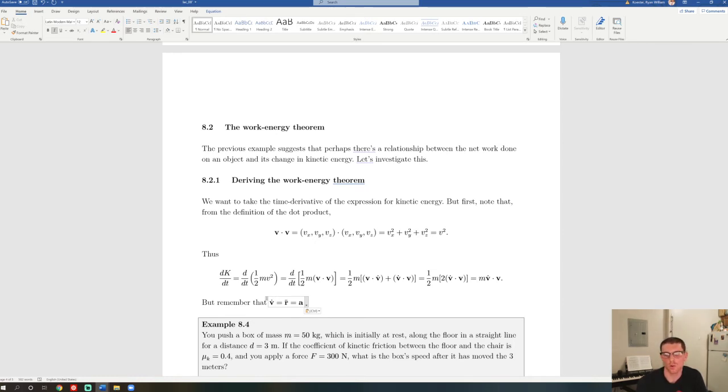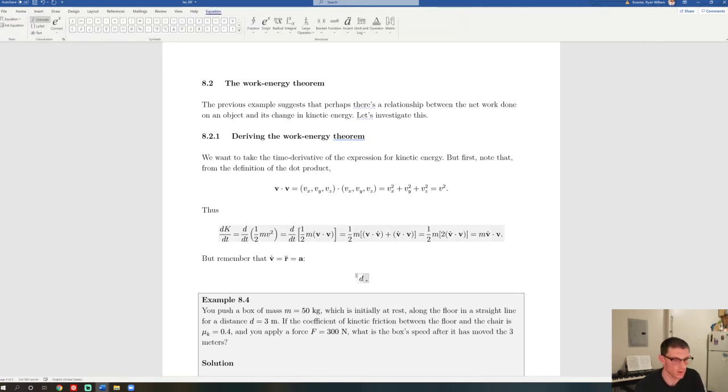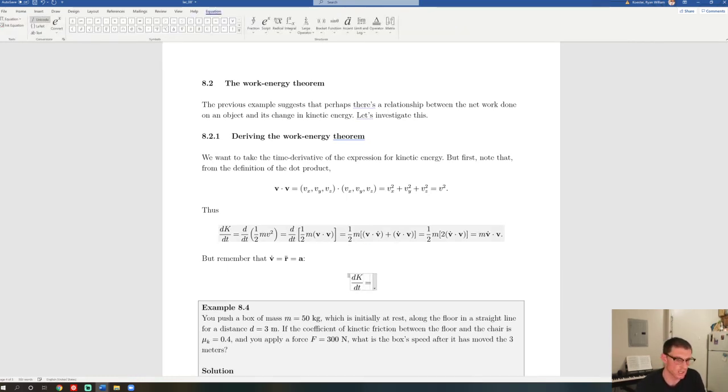So we can substitute in a for v dot, and then we find that the time derivative of kinetic energy is m a dot v. You probably see where this is going. But m a is just the net force on the object, so we can substitute F in for that, like this.